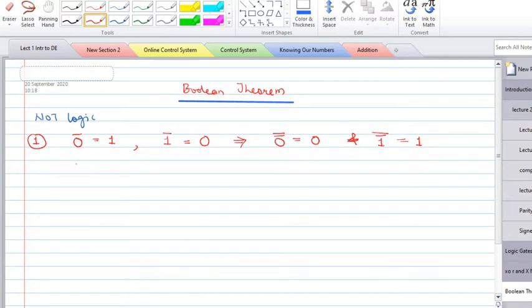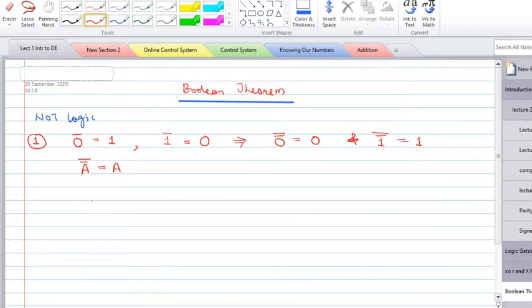This results in a simple theorem that is, if we take a double times NOT or double times bar, then it will give us a itself. Okay.